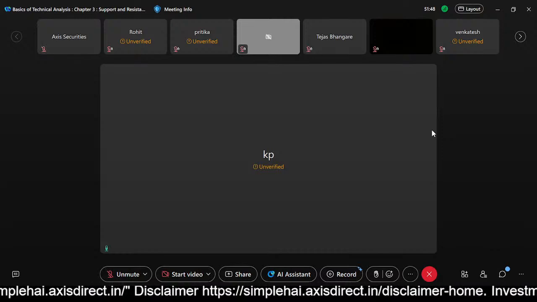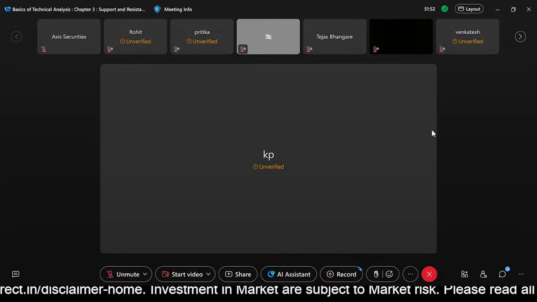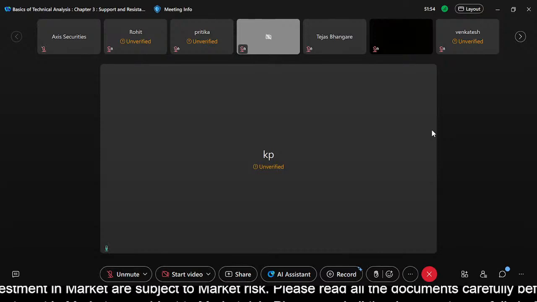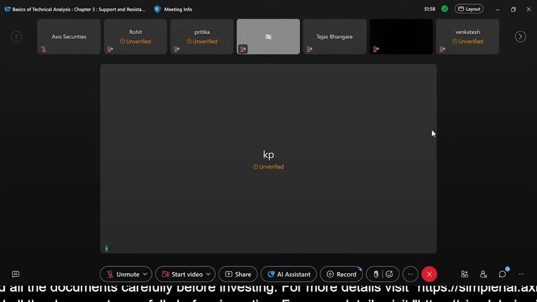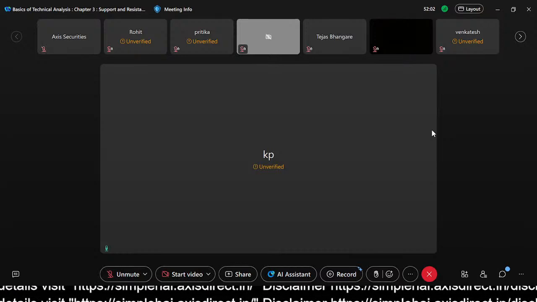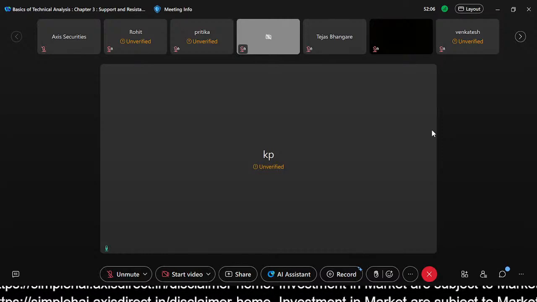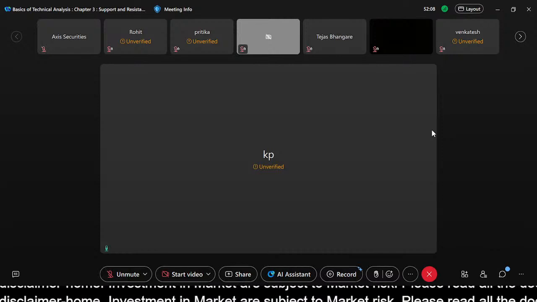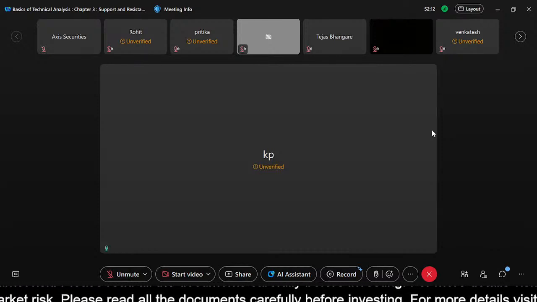So how can we place on the option side? Okay, so one thing you have to keep in mind is option is a derivative product, correct? So if you want to play direction, if you want to benefit from a particular direction, that is when you go long or short an option. So first thing you have to do is analyze your underlying.